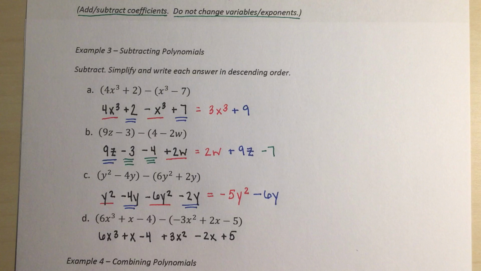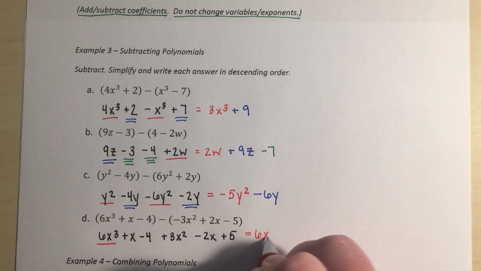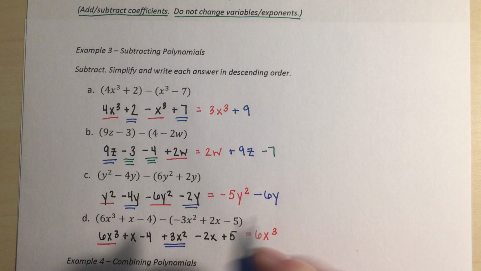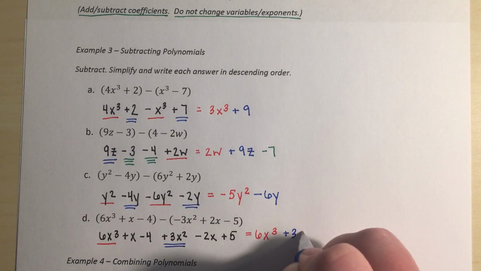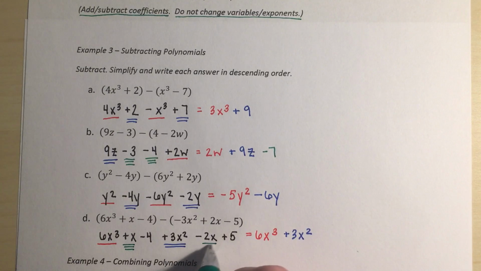All right, then we're going to combine our like terms and write our answer in descending exponential order. We start with our 6x cubed. No like terms to match up with, so it stays by itself. Then we have our 3x squared. Then we have our positive x and our negative 2x.